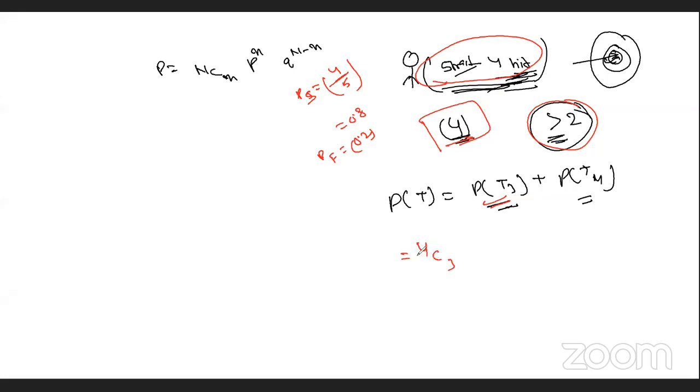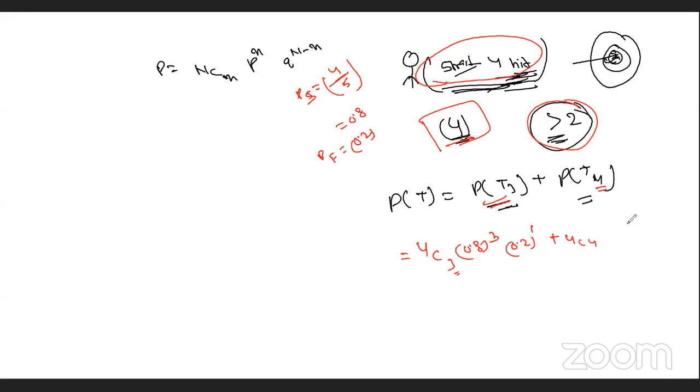Out of 4 experiments, out of 4 opportunities, it's 4C3 into success to the power of the number of times we are looking for success, so 3 times, into failure to the power of total number of trials minus success, so 4 minus 3 is equal to 1. Plus, what is the probability that the person will hit a target 4 times out of 4 times? It's completely fine, this is what I'm supposed to find out.